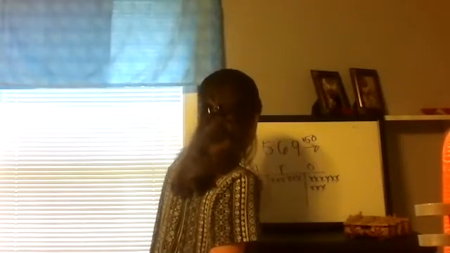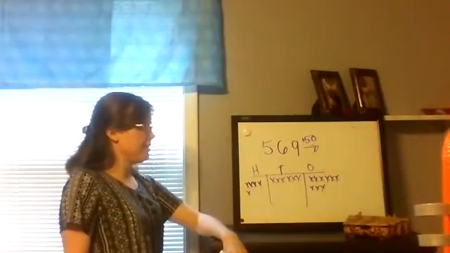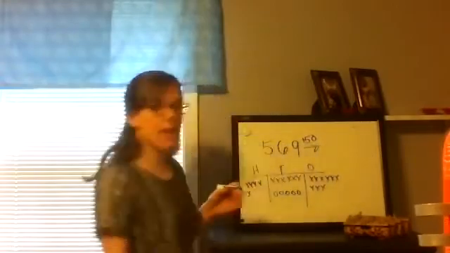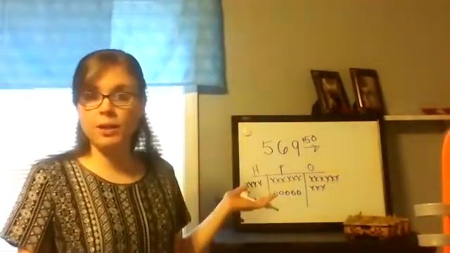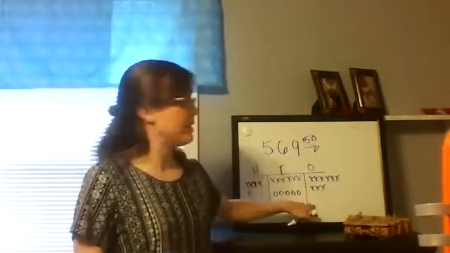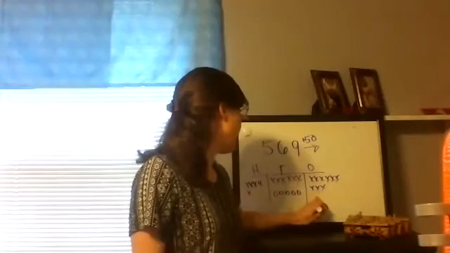I have 9 ones, 1, 2, 3, 4, 5, 6, 7, 8, 9, 6 tens, and 500. So I'm adding 5 tens. So I'm going to come down here to my tens column and add my 5. No problem. Now I just see what my new number is. I still have the same number of ones because I didn't do anything to the ones. So that leaves me 9.